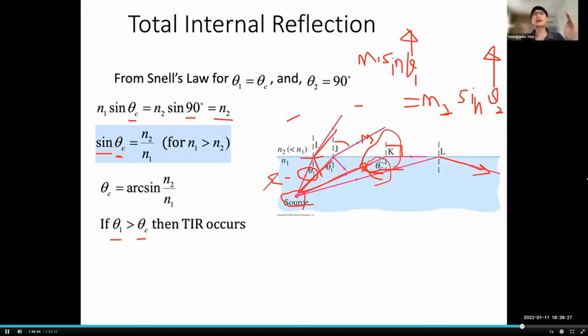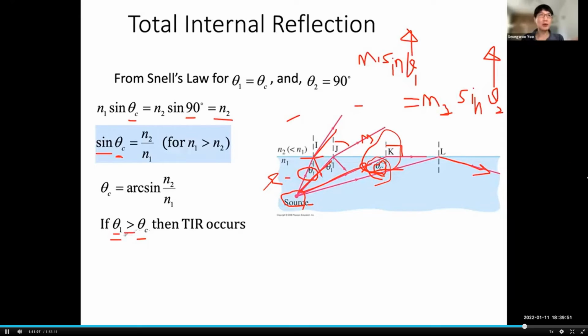So when the incident angle strikes this critical angle, we consider this is also total internal reflection. When you want to answer this kind of question, you can say that this angle must be greater than or equal to the critical angle.